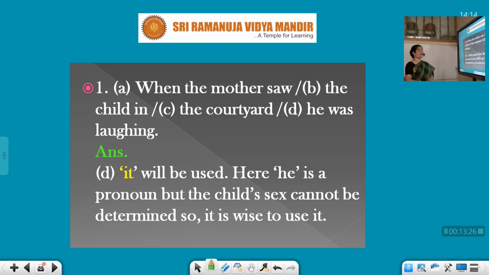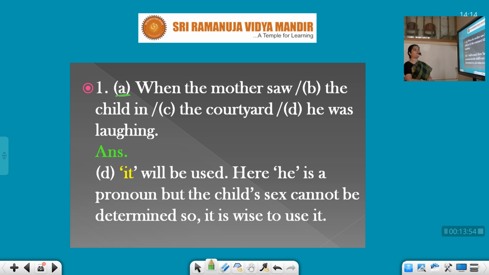Now the first part, A. In A, the part is when the mother saw. Part B is the child in. Part C is the courtyard. D is he was laughing. So this is how the sentence construction is.